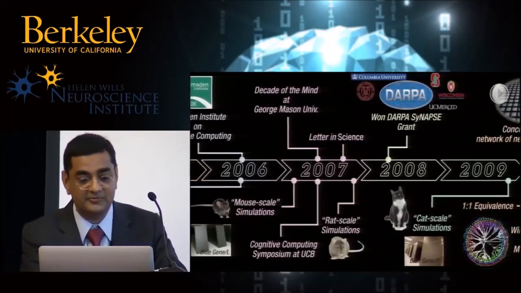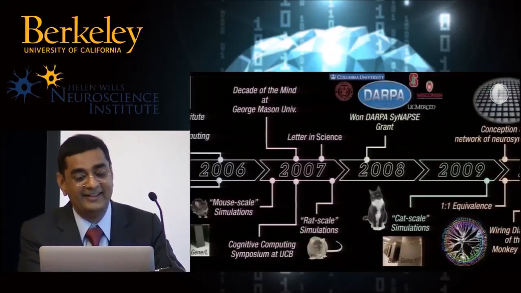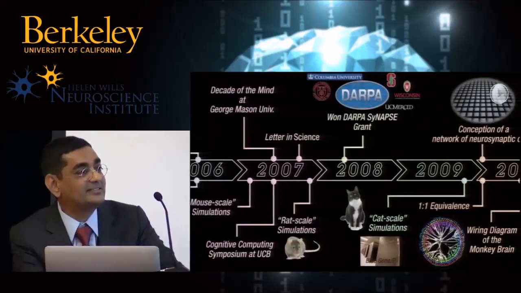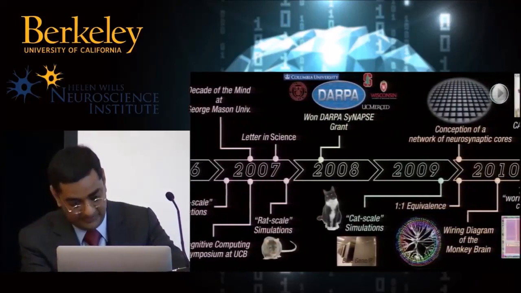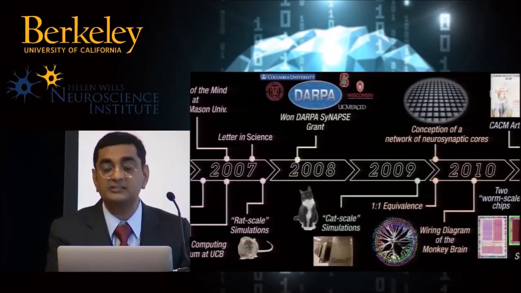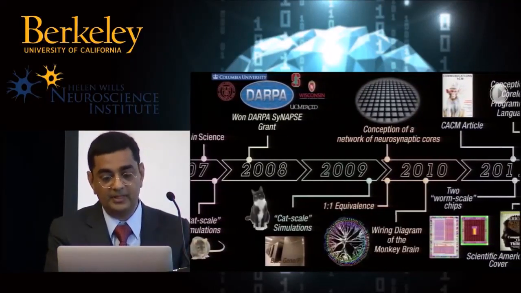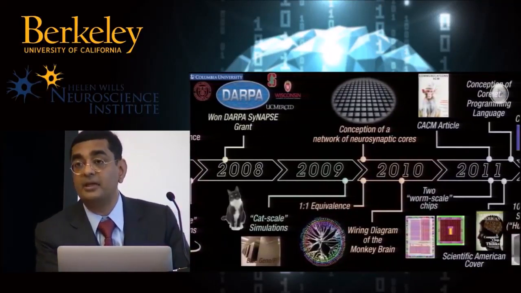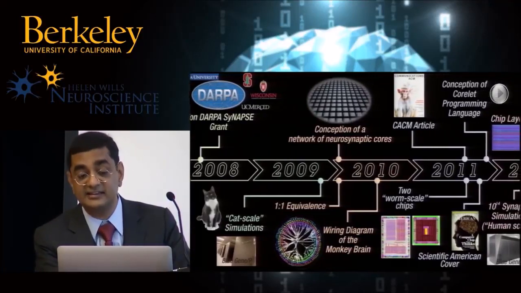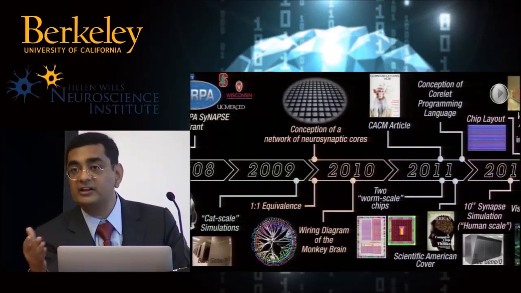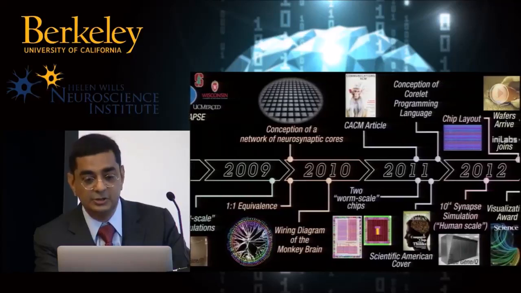This is, of course, Henry Markram's favorite one. And then we won the DARPA SyNAPSE project grant and worked very closely with Todd Hylton, Gill Pratt, and Dan Hammerstrom. We mapped out the wiring diagram by collecting the largest data set. We created the worm-scale chips with 256 neurons.